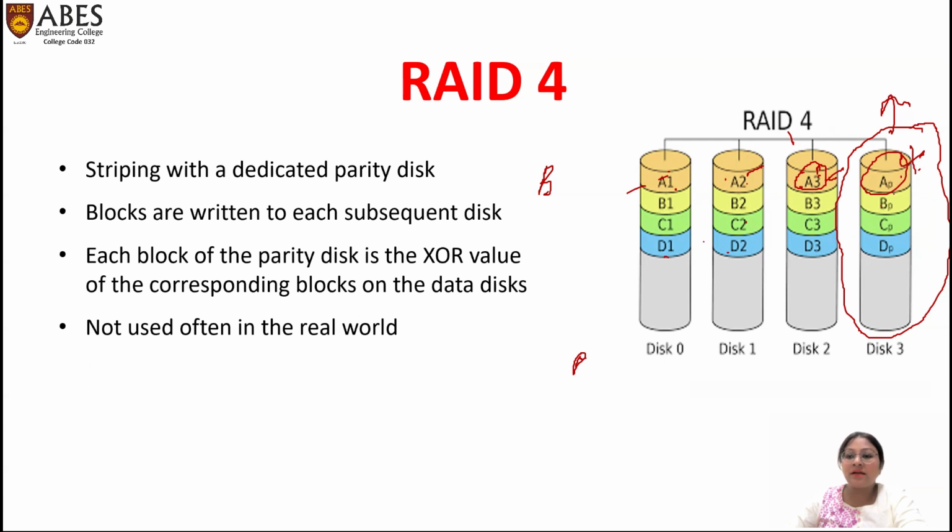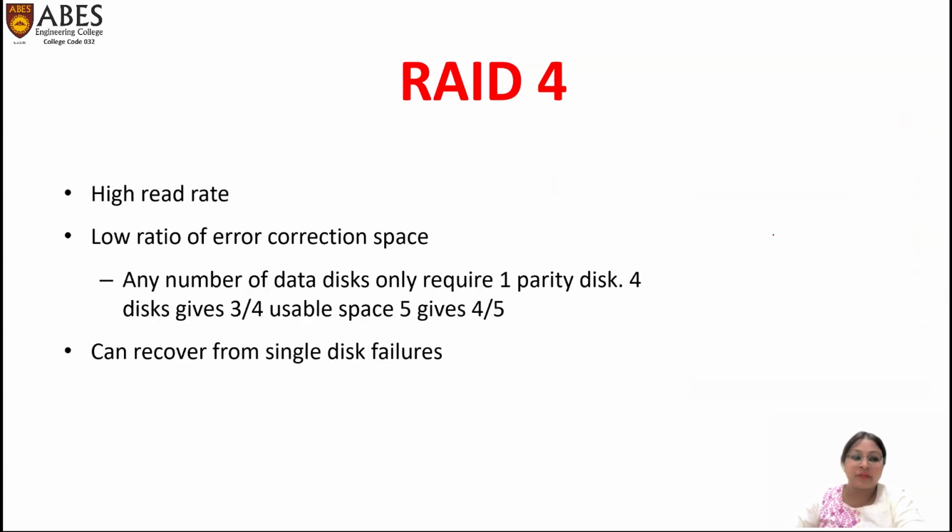So this is the drawback of RAID 3 and RAID 4, that all the parities are stored in a separate disk, and when this disk fails, you cannot recover all the data that are stored in other disks.